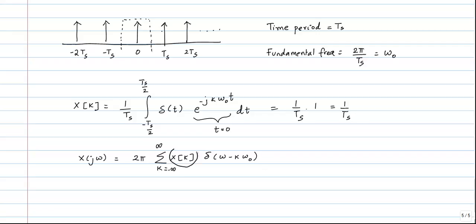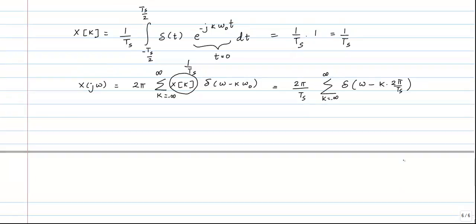And we just determined that x of k was 1 over t sub s. Therefore, for x of j omega, we get 2 pi over t sub s times summation k going from negative infinity to positive infinity, delta of omega minus k times 2 pi over ts. And indeed, this is the Fourier transform of the train of impulses.